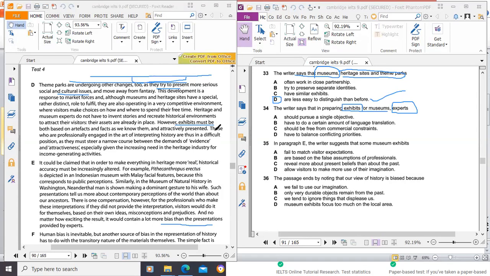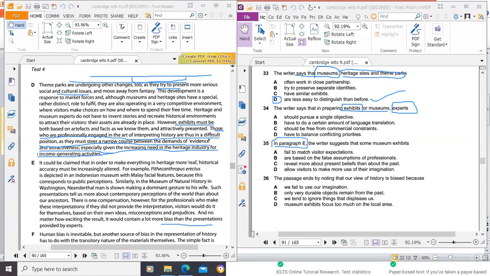Those who are professionals, that could mean the experts in the art of interpreting history, are thus in a difficult position as they must steer these. We read it before, okay? So those people we can say they are experts, okay? Because the next question tells me it is in paragraph E, so that means my answer is here.